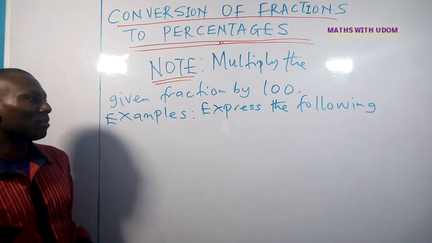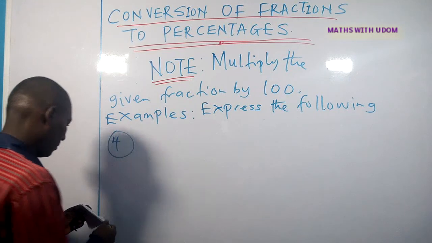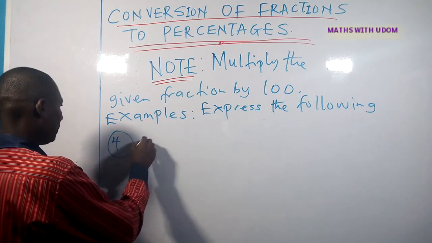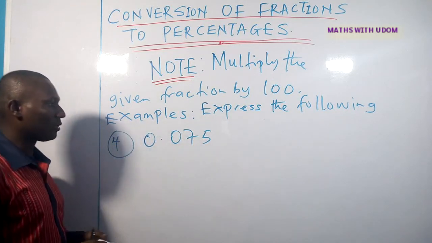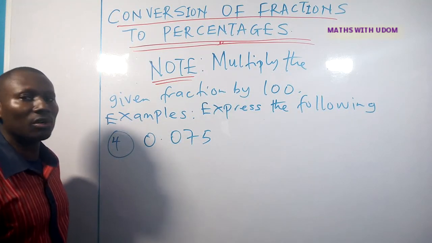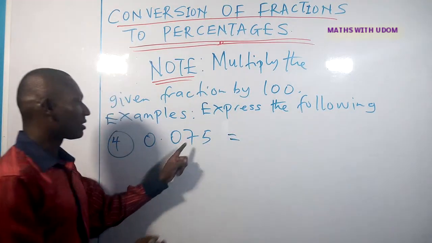So what do we have in number 4? We have 0.075. Okay? So all we need to do is to convert this to what? A proper fraction. And that will give us 75.